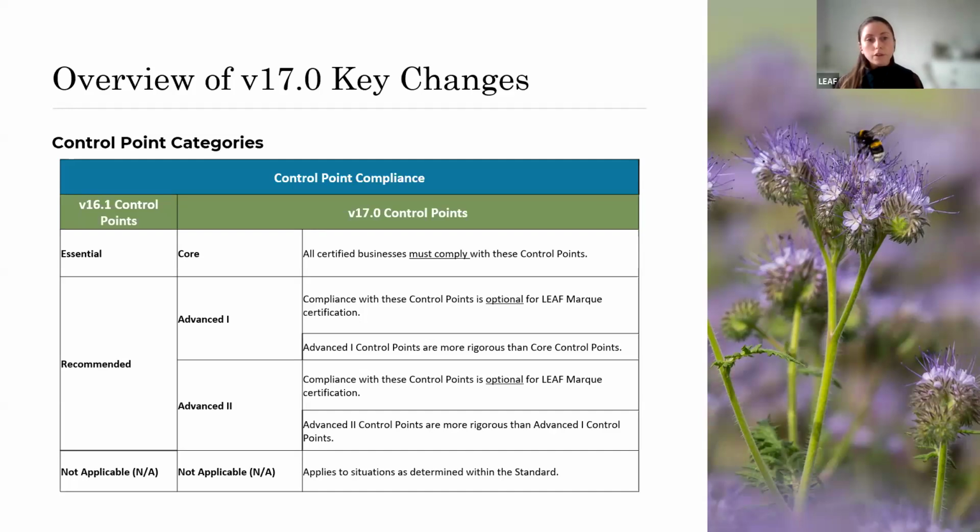And we're proposing there are two different types of advanced control points. The first being advanced 1 control points. These are more rigorous or potentially more difficult to implement than core control points, and advanced 2 control points are more rigorous than advanced 1 control points.